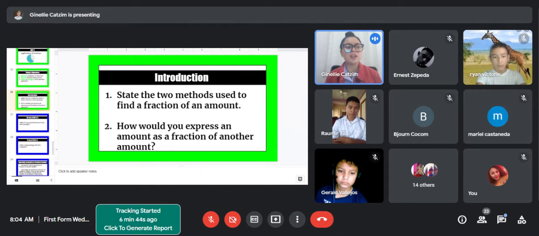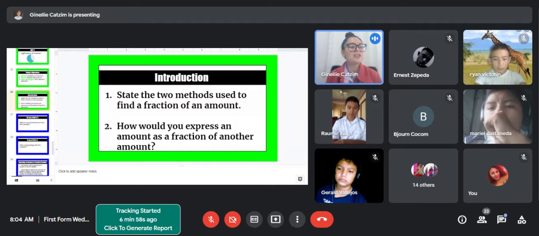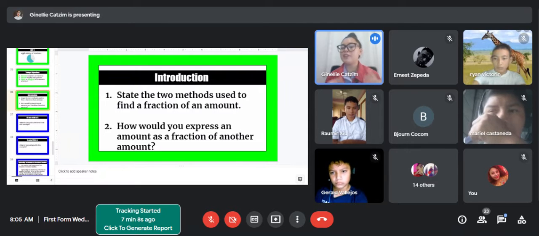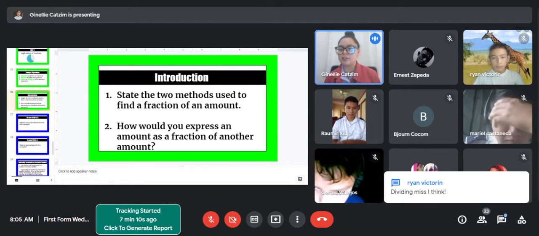How will you do that? Anyone has an idea? It's the opposite, right? What we covered yesterday and Monday was finding a fraction of an amount. Now you are given the amount and you want a fraction.